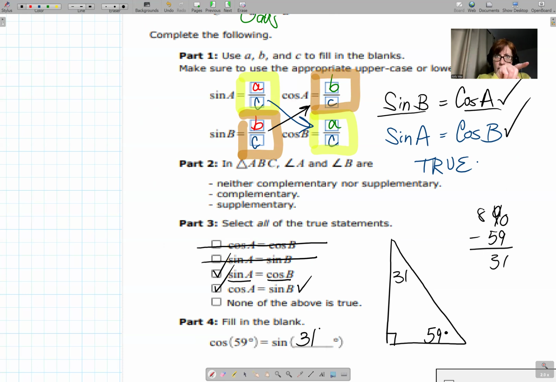The cosine of one angle is the same ratio as the sine of the other acute angle. And these two angles will always be complementary, which means they add up to 90 degrees.